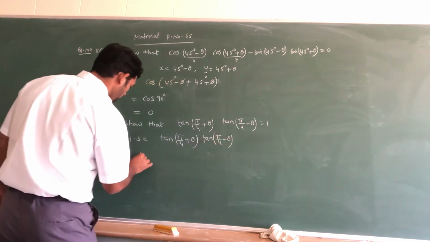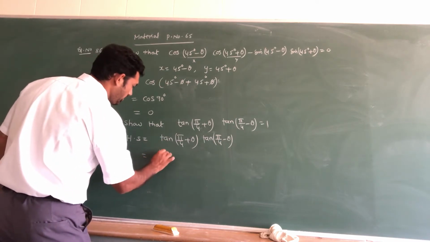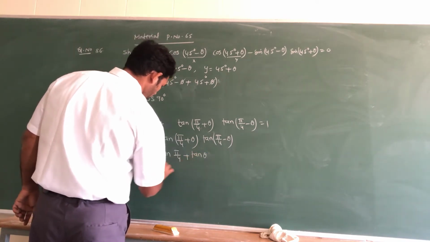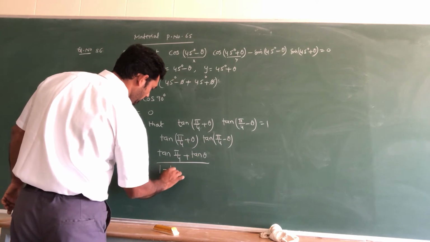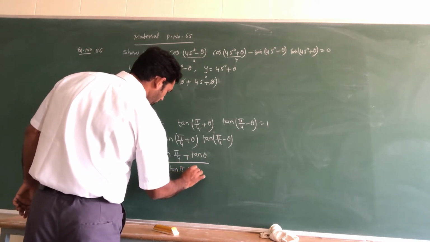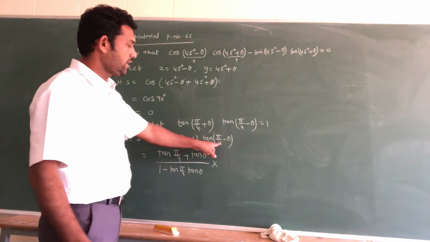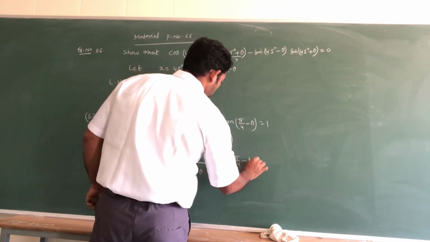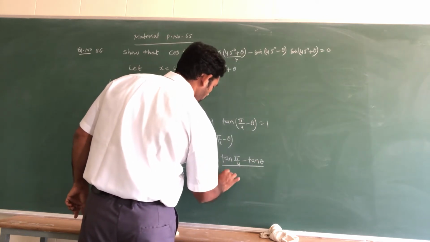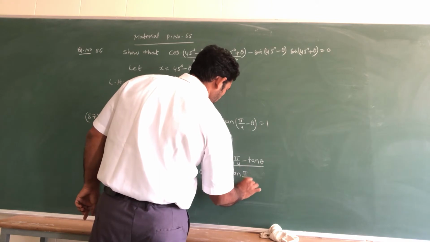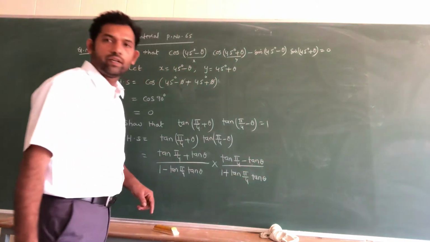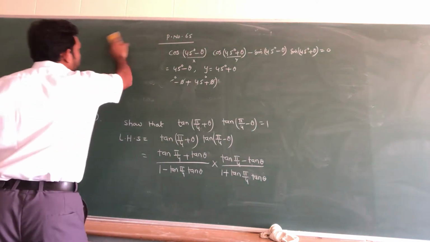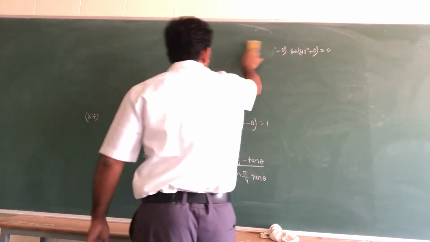So tan(pi by 4 plus theta) uses the tan(x plus y) formula: tan pi by 4 plus tan theta divided by 1 minus tan pi by 4 tan theta, into, this is tan(x minus y), tan pi by 4 minus tan theta divided by 1 plus tan pi by 4 tan theta. Note down. See that simplification.